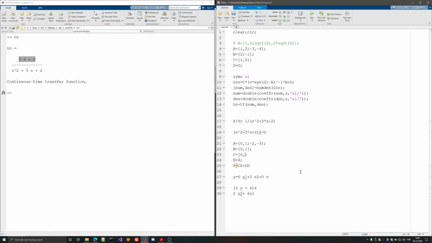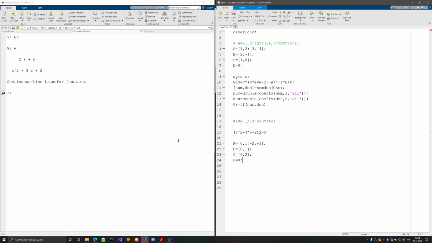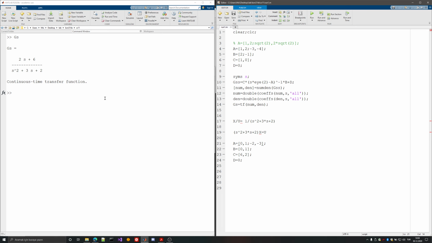By the way, there is a certain symmetry or rule to this, because you can see that the numerator coefficients are reversed here, and then the denominator coefficients, namely all the coefficients except the highest order, are also reversed here. So that's that.